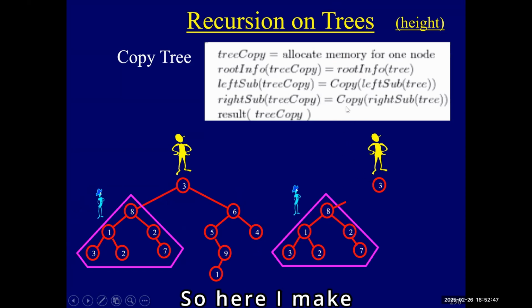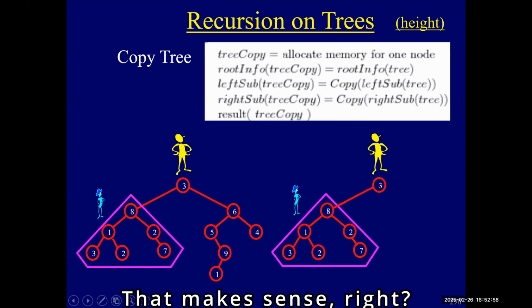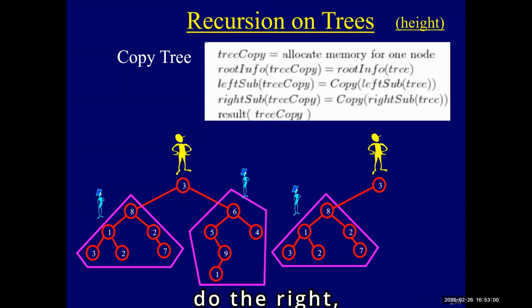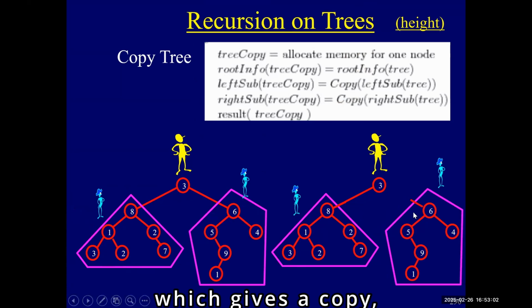So here I make a copy of it, and it returns this. And then what do I do with this value? I put it into the left. That makes sense, right? And then we do the right, which gives a copy, and it returns the pointer to it. And we put the pointer into the right, right?